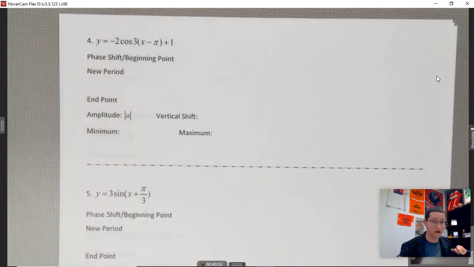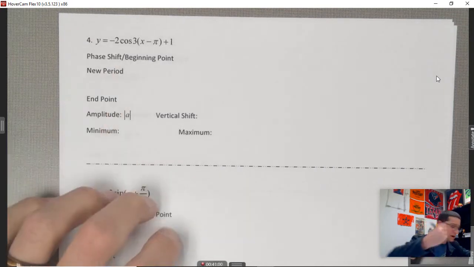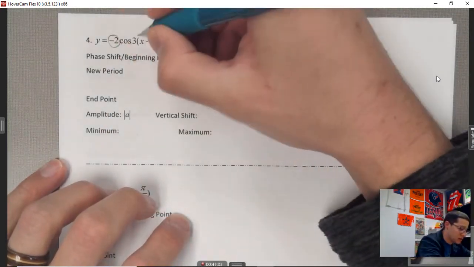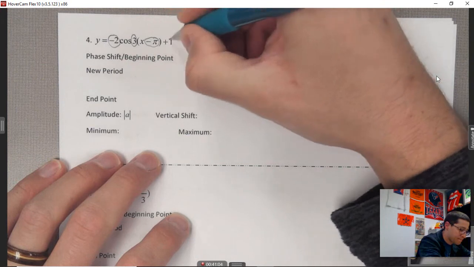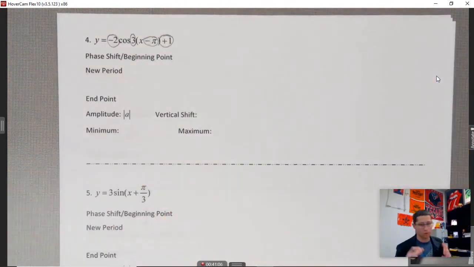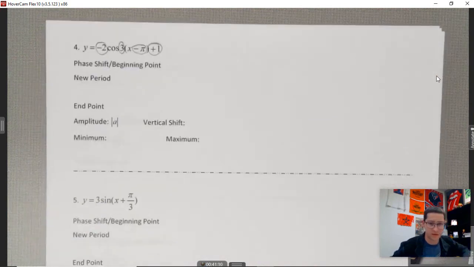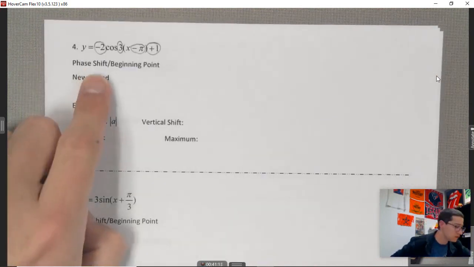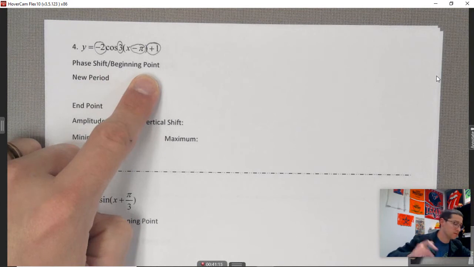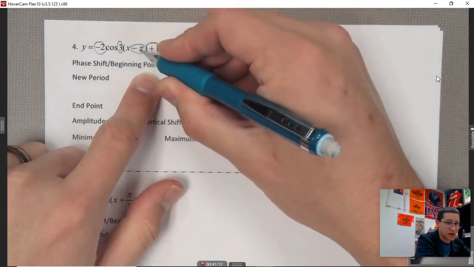So here we go with 4, and I like to circle all the different pieces we have. Okay, so all 4 different values for this particular one. All right, phase shift, that's always what you're going to start with, the beginning point. So this is minus pi.